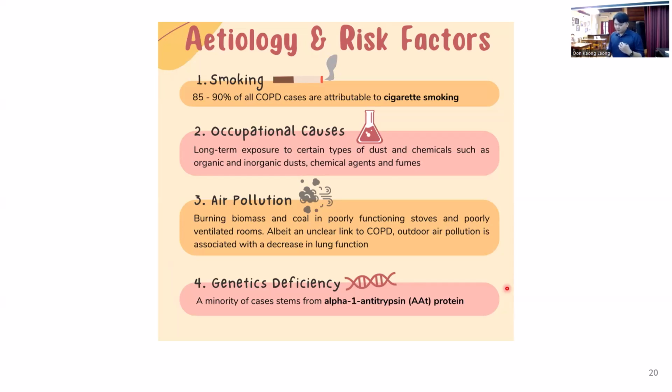The third cause will be air pollution, burning biomass, coal inside poorly functioning stoves and ventilated rooms. Although it's not very clear that it's linked to COPD, outdoor air pollution is also associated with decrease in lung function. The last will be genetic deficiency. If you have a deficiency in the alpha-1 antitrypsin protein, you also will be more prone to COPD.